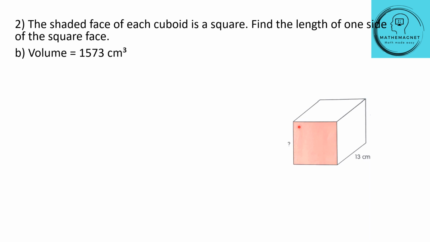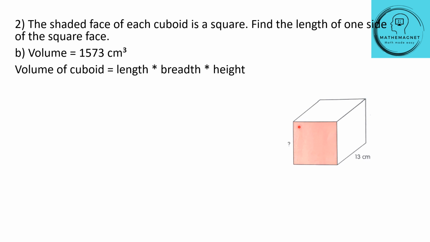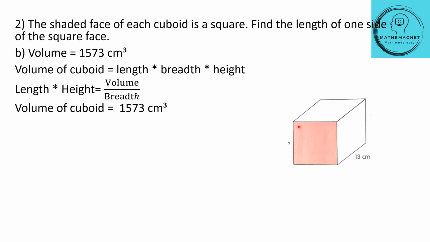So let us see, the volume is given as 1573 centimeter cube. So we know volume of cuboid is length into breadth into height. So to find the unknown, which is length into height, it will be volume by breadth. So it is 1573 divided by 13. So this will be equal to 121 centimeters.